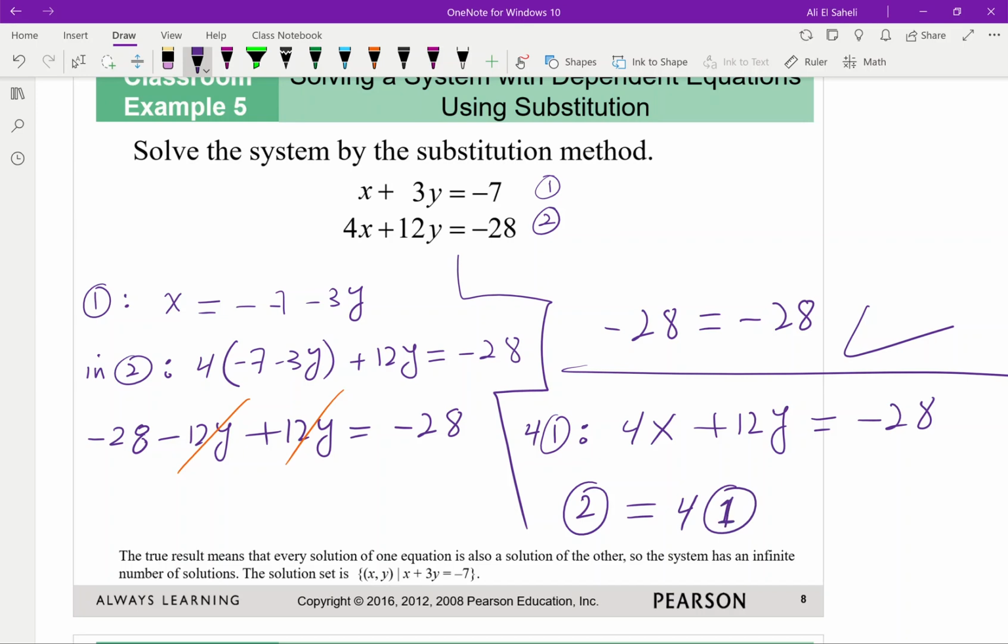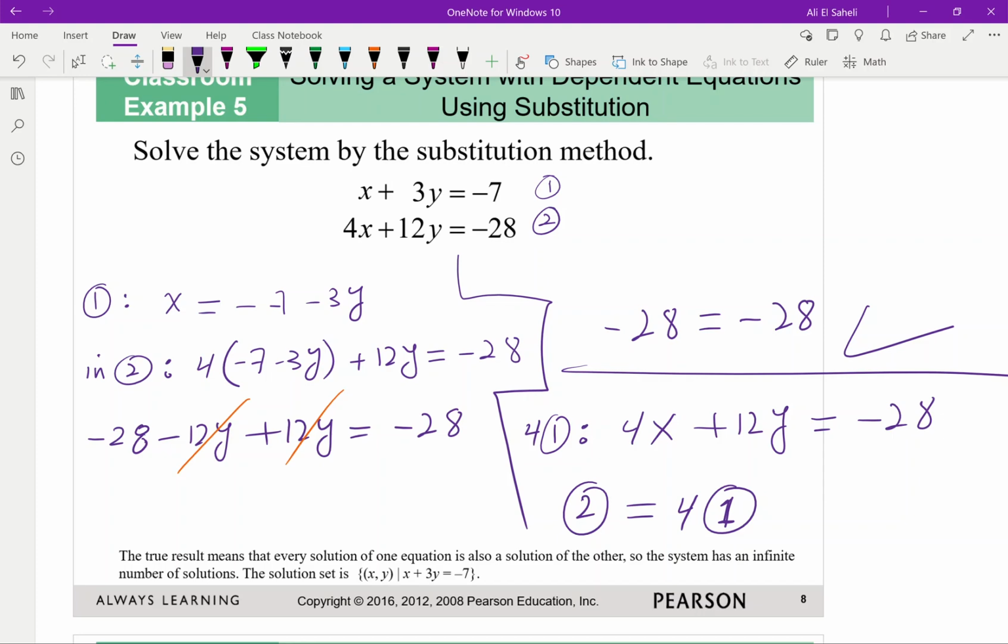Because if you multiply an equation by a constant, multiply the right side and the left side of the equation by the same non-zero constant, you do not change the equation. You do not change the nature of the solutions of the equation. You still have the same solution set. We call them equivalent equations.